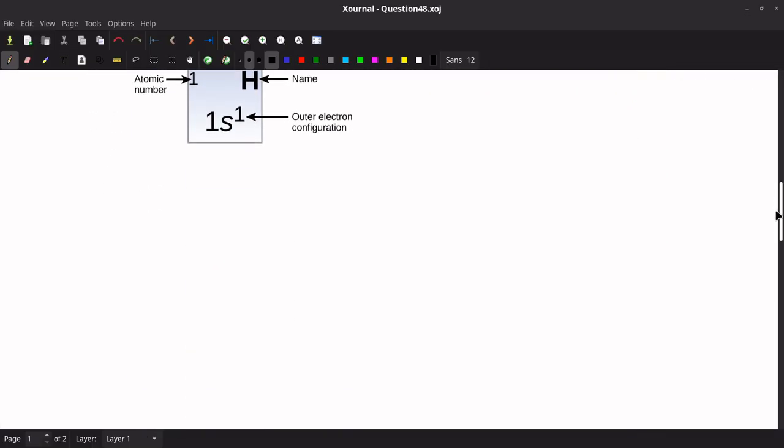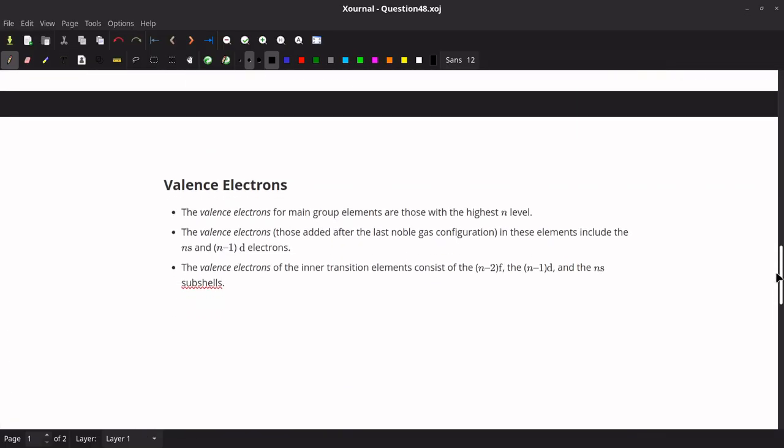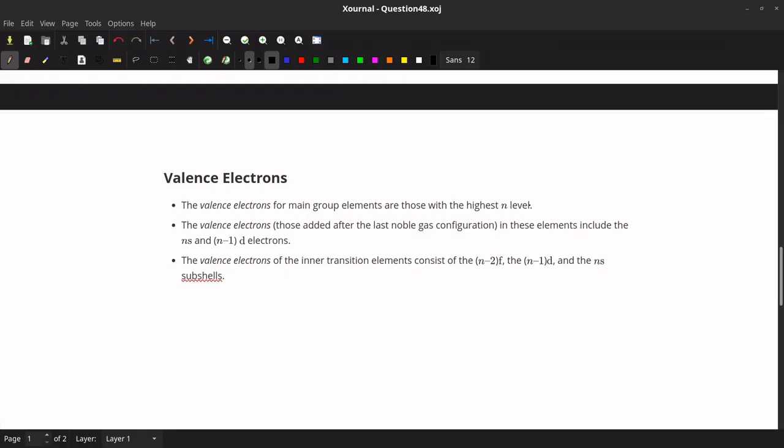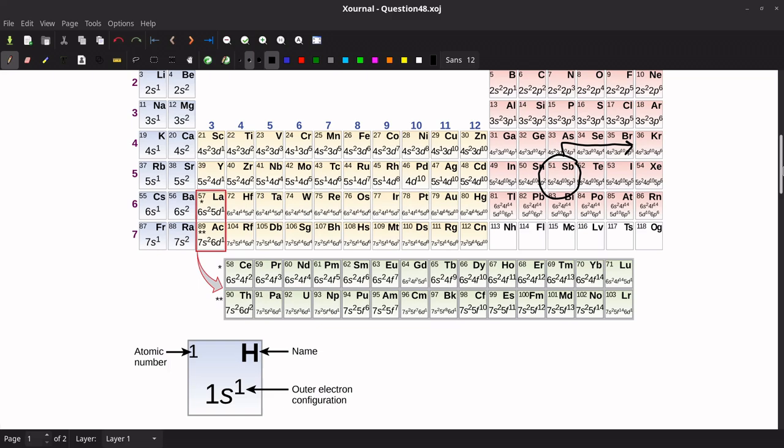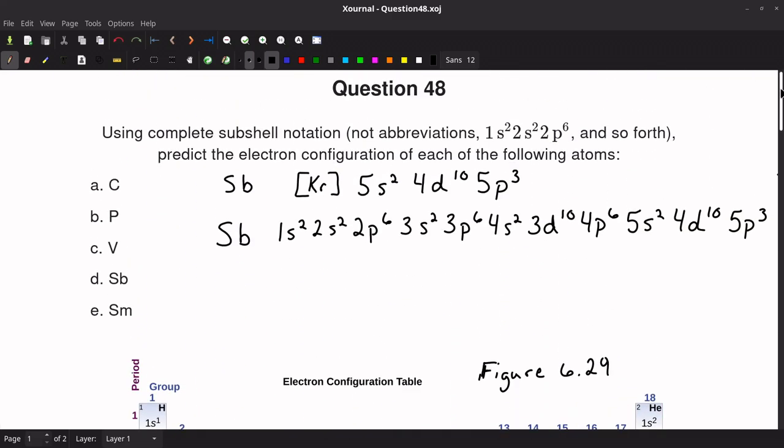If we come down here, this is a main group, so we're looking at just the n level. That means we're not counting these 4d10 electrons anymore. We're just looking at the highest n level, the 5. So we're just looking at this 2 and 3 here.